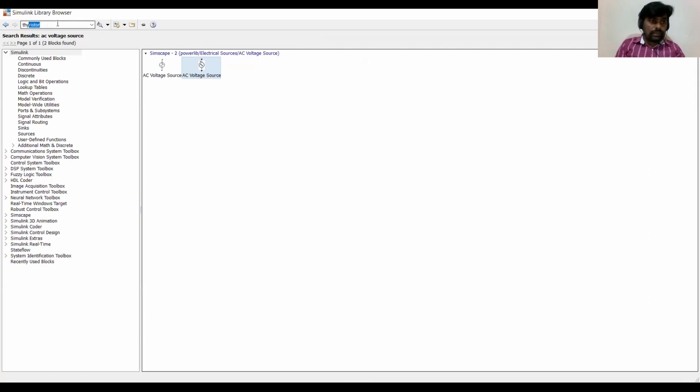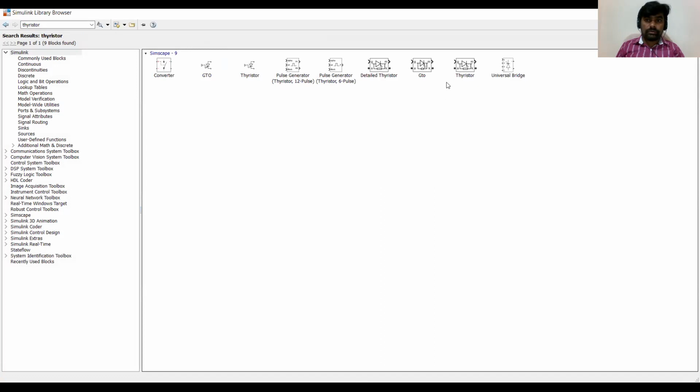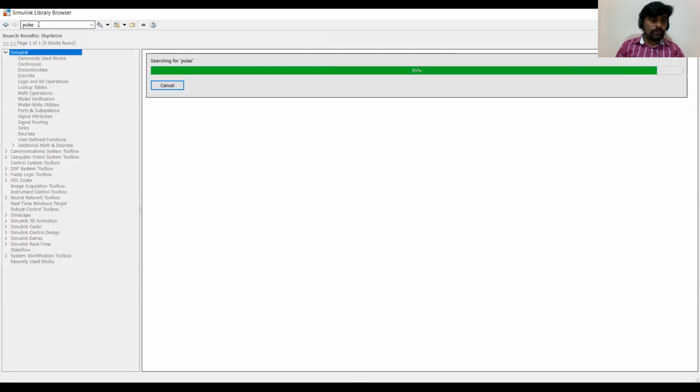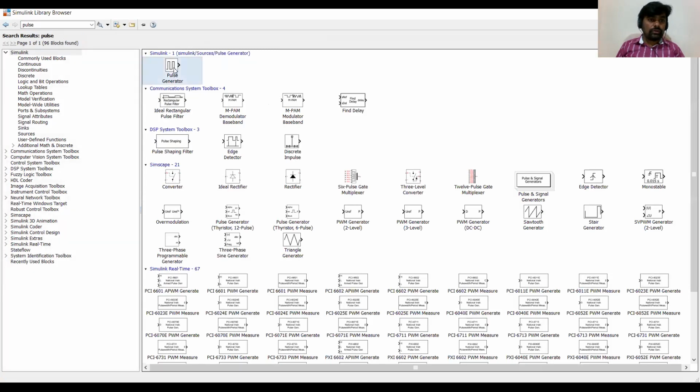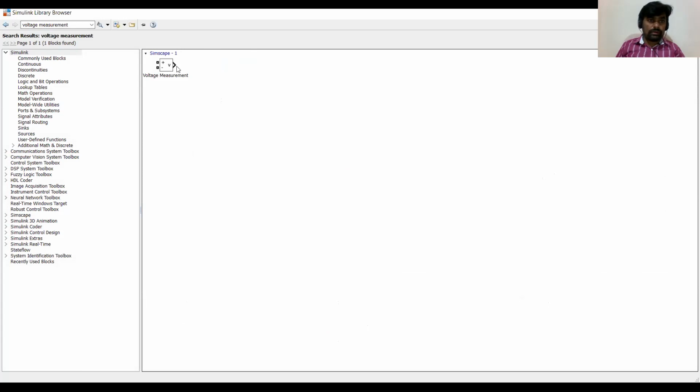So then I will take thyristor, detailed thyristor model. I will add that to the new untitled model. Then I will take this pulse generator to give the firing pulses to all 8 thyristors. So we'll be having 4 firing pulses. Then I will go for voltage measurement block, which will let you see the voltage wave shape.